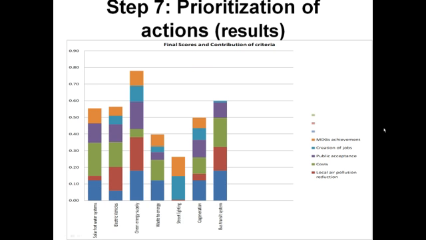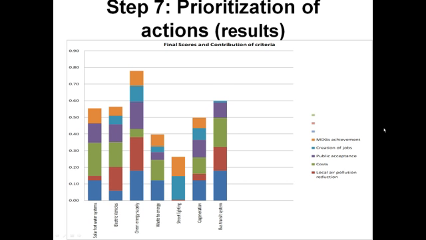So based on this process, then we can determine the final ranking of our actions. This is the final results, and what we see here is how the different criteria and how the different scores in our criteria determine the final ranking.